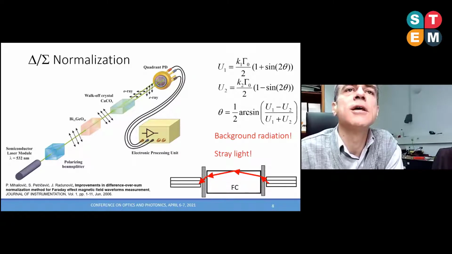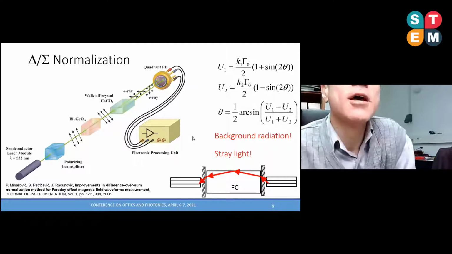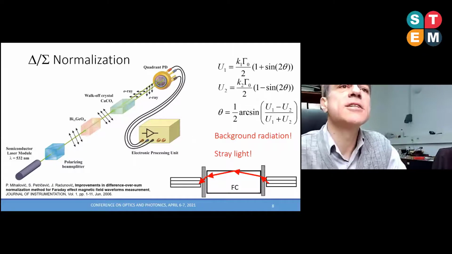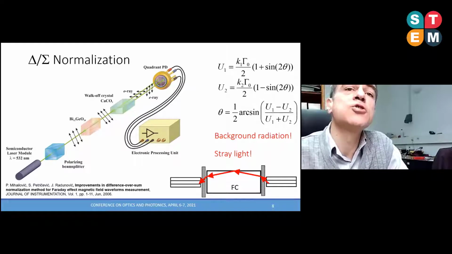So basically, this background radiation is going to induce error in the Faraday angle measurement. Well, you can say we are not going to have this in a fiber optic sensor, but eventual stray light will have the same effect.